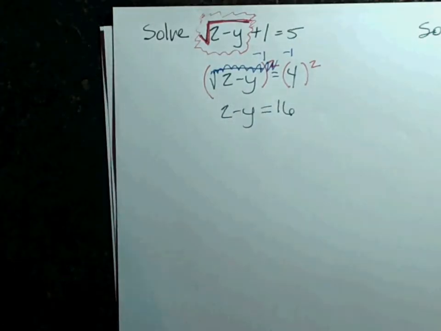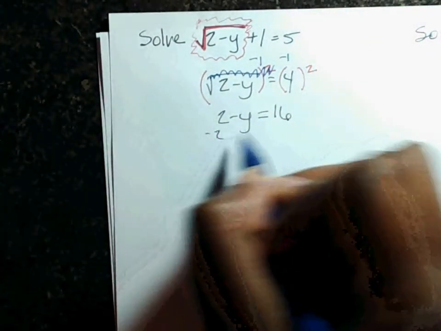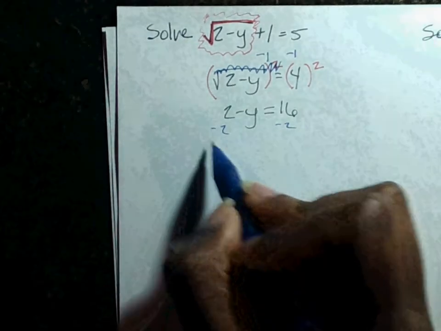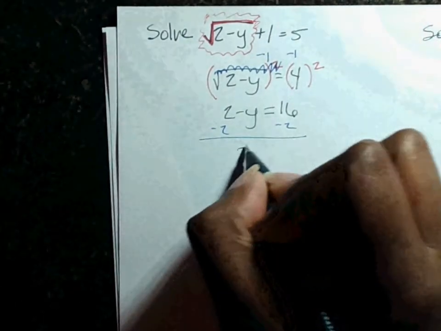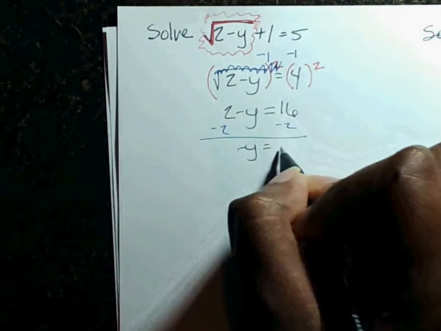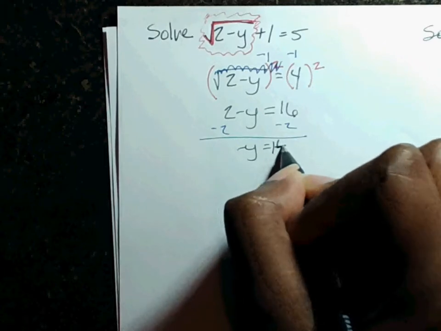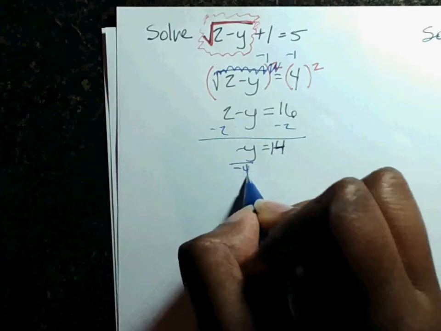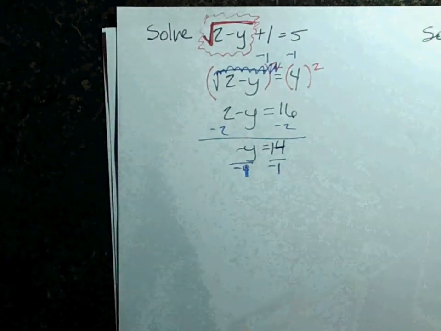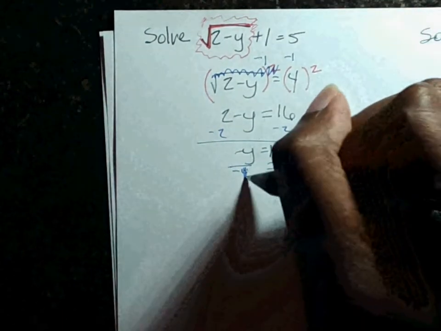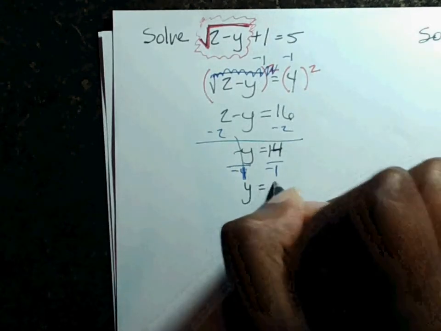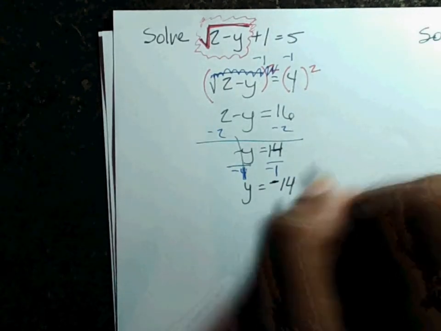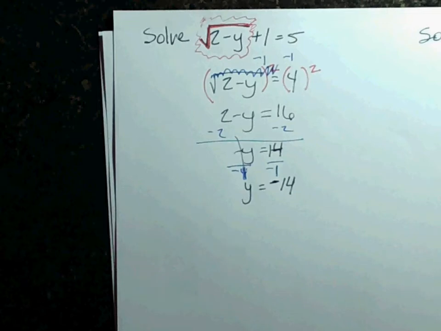You want to get y by itself? You minus 2. Y equals negative 14.